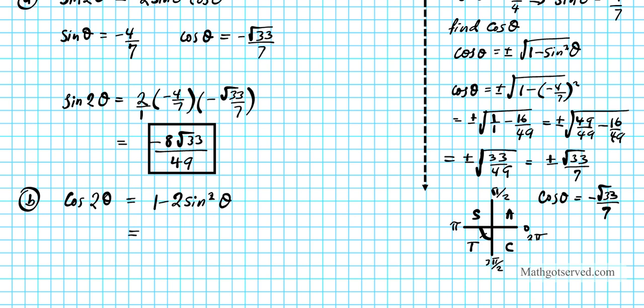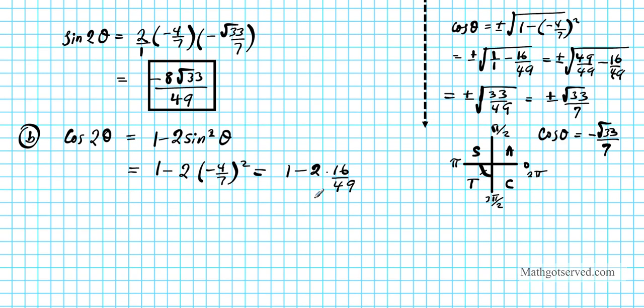All right, so we're going to have 1 minus 2 times sine theta, which is negative 4 over 7, squared. Okay, so that becomes 1 minus 2 times, when you square the numerator and the denominator, you have 16 over 49. And then multiplying across, you can write this 2 over 1, okay? So you multiply across here. So you have 1 minus 32 over 49.